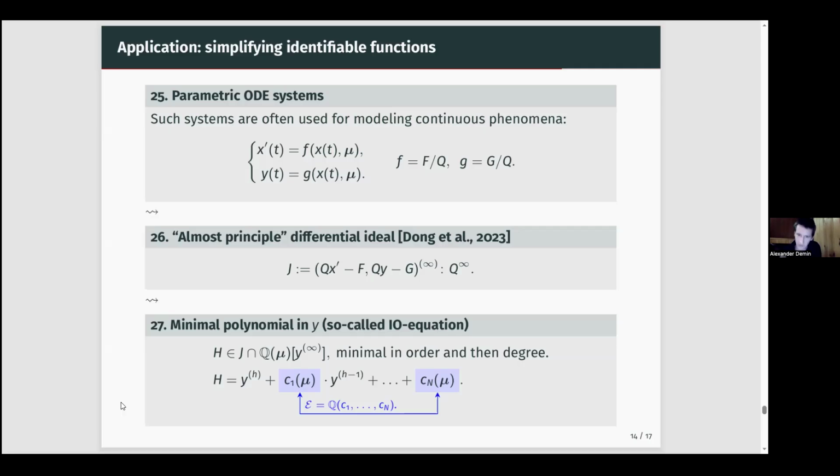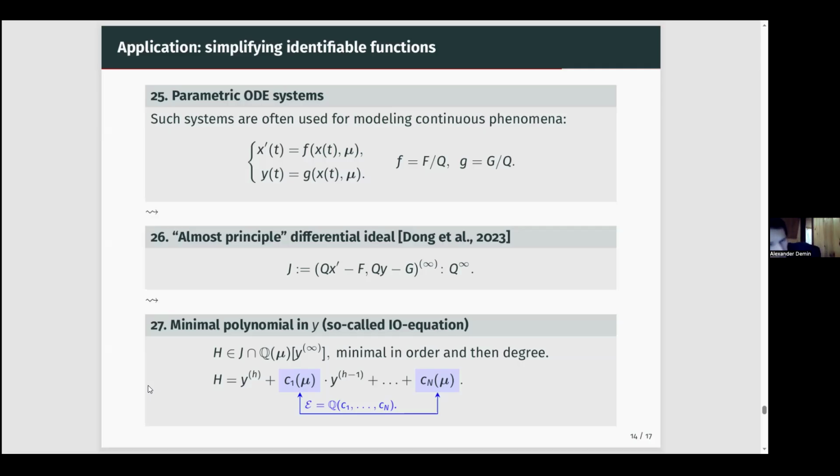So there is a minimal polynomial, but modulo some condition. So now if we have a minimal polynomial in y, let's call it h, the interesting thing in the context of structural identifiability is the coefficients of this polynomial, the C1 to Cn. And these are exactly the things that generate the field that we are interested in.